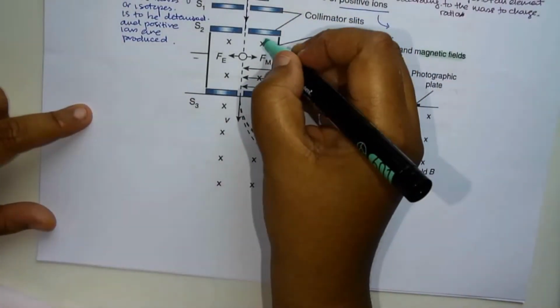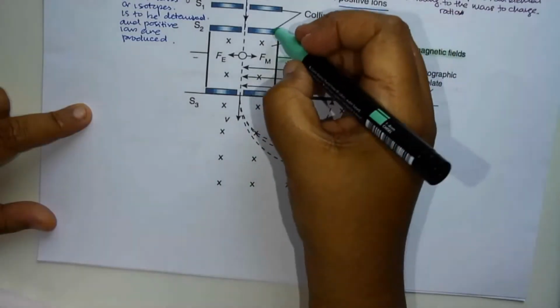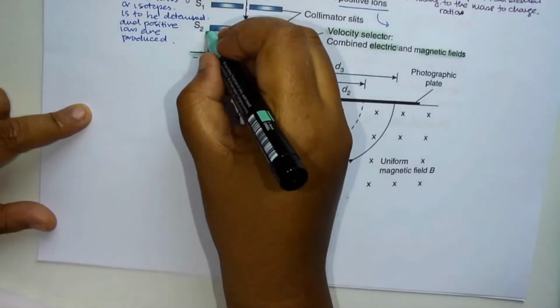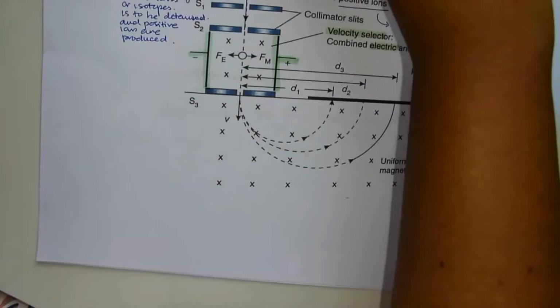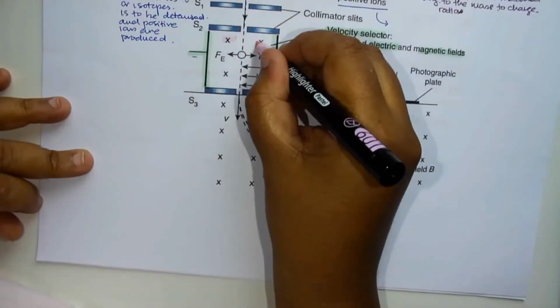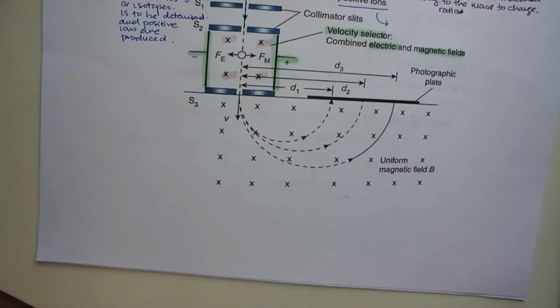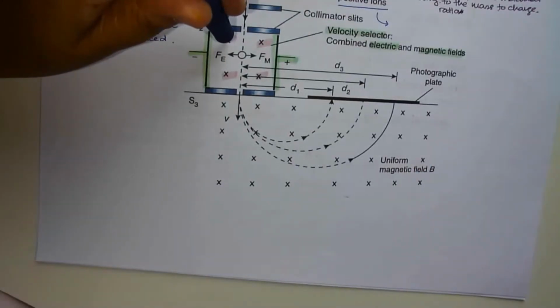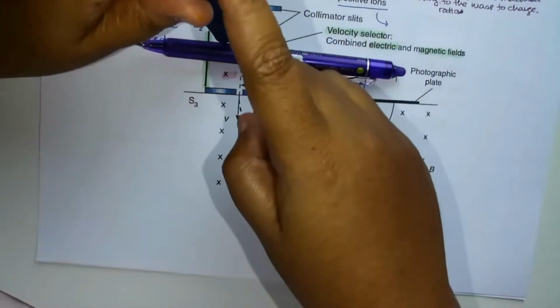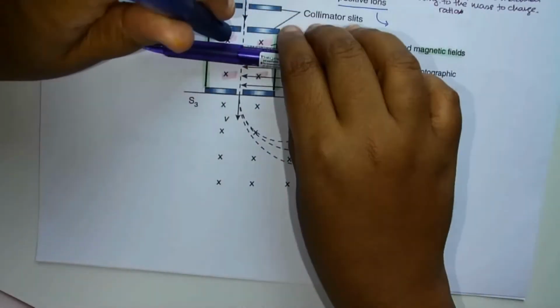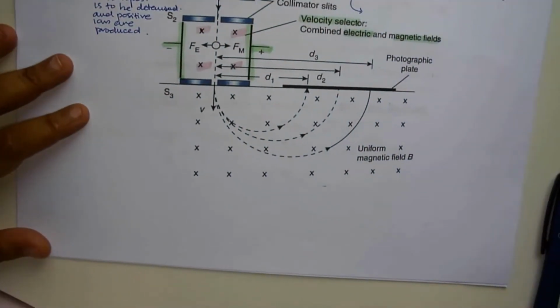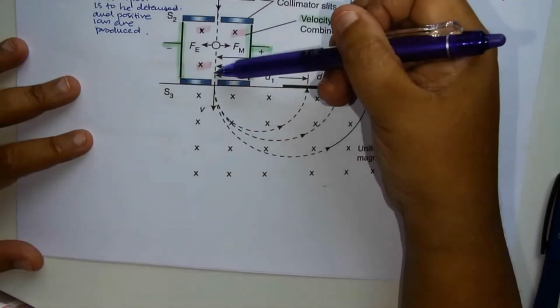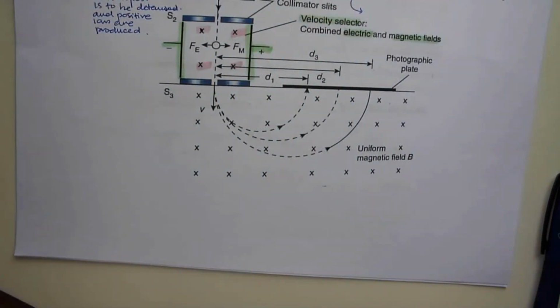You see here we have an electric field and we also have a magnetic field, and they are perpendicular to each other. Only ions with the selected velocity are able to pass through.